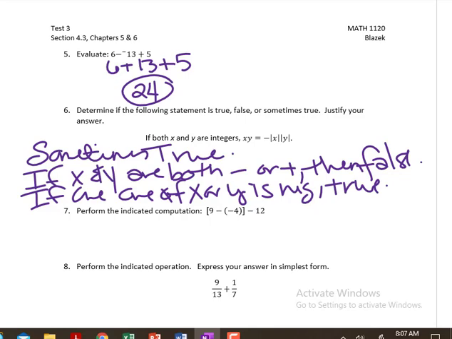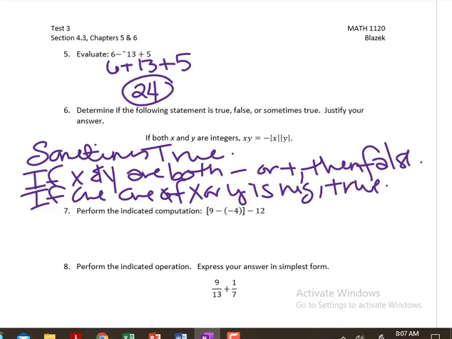And the right side is always going to be negative because of the absolute values of the negatives out front. But if x is negative and y is positive, or x is positive and y is negative, then you'll have a negative product on the left and you'll have a negative product on the right.